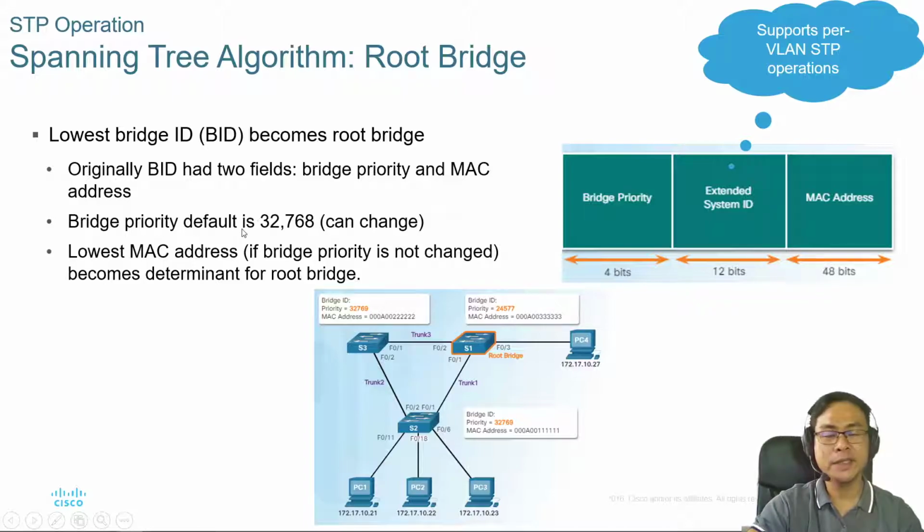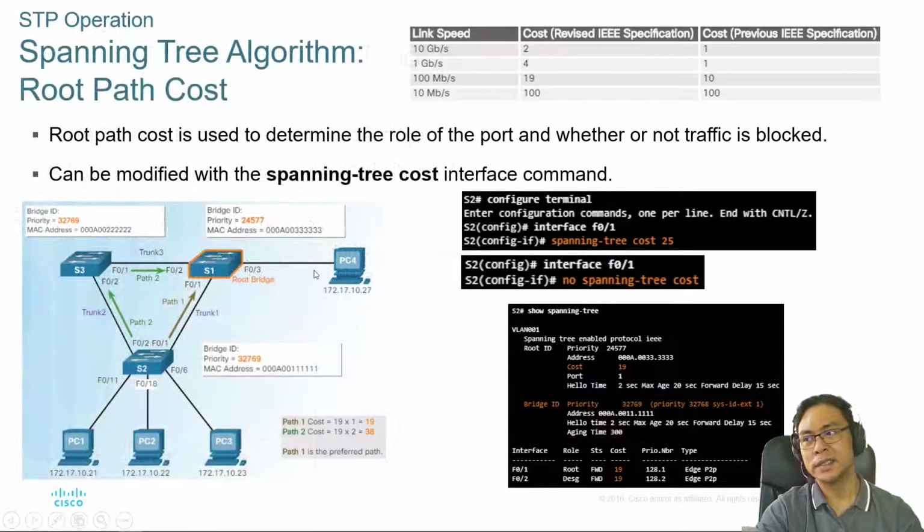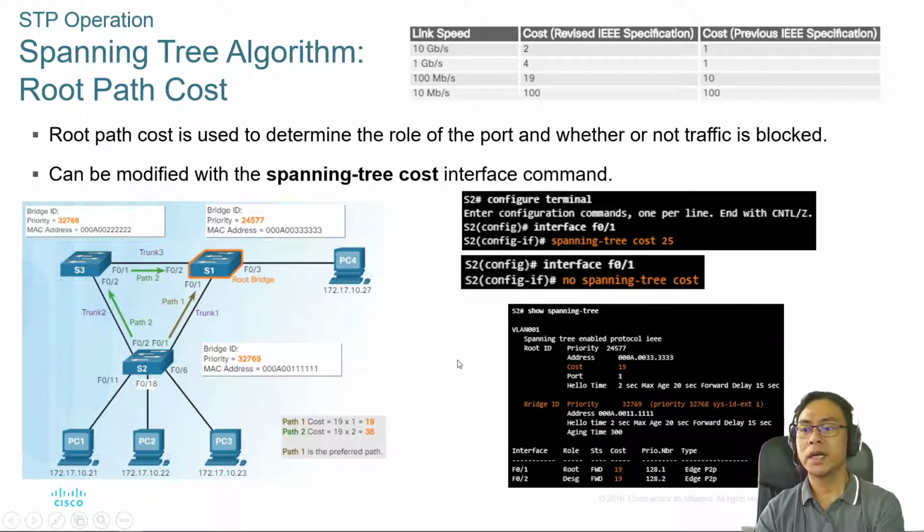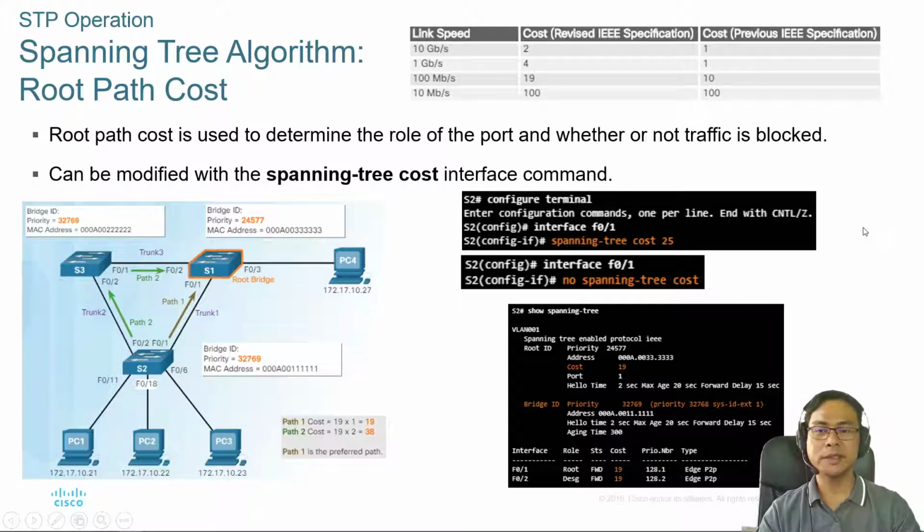Okay, so the basis is priority, and if it's not changed, it's in the default, the basis will become the MAC address. Okay, so next, the root path cost. Root path cost is used to determine the role of the port and whether or not traffic is blocked.